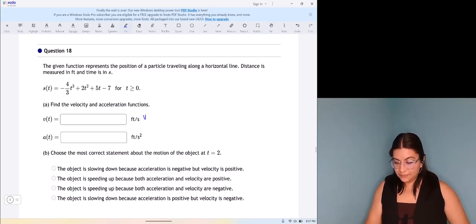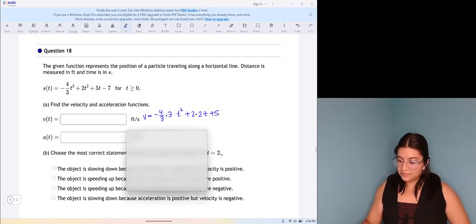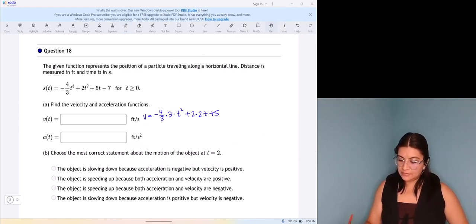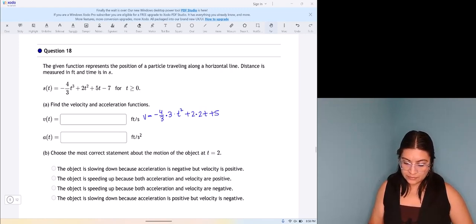First derivative is negative 4 over 3 times 3 times t to the second plus 2 times 2 times t, and then plus 5. So when we simplify this here, we get negative 4 t squared plus 4t plus 5.